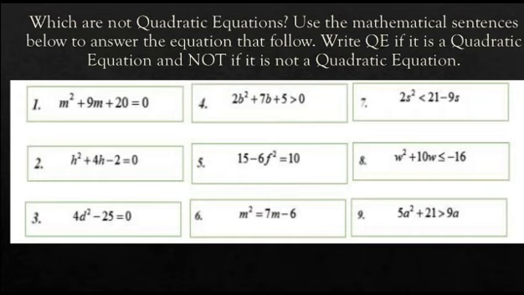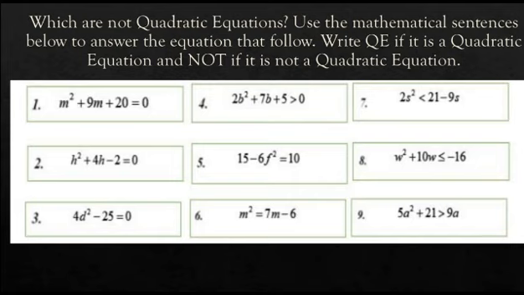So in this manner, let us just encircle those mathematical sentences which are not quadratic equations. So recalling the concept of quadratic equation, the highest degree must be equal to 2, or the highest exponent must be 2.